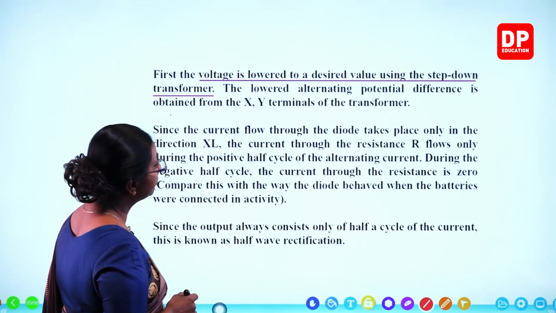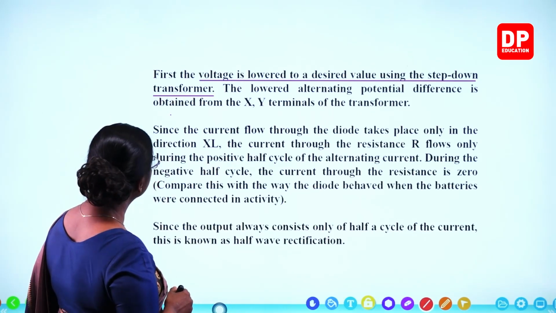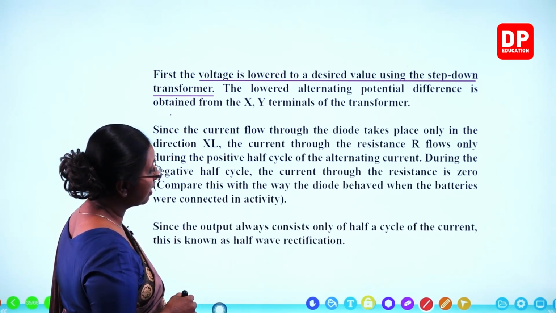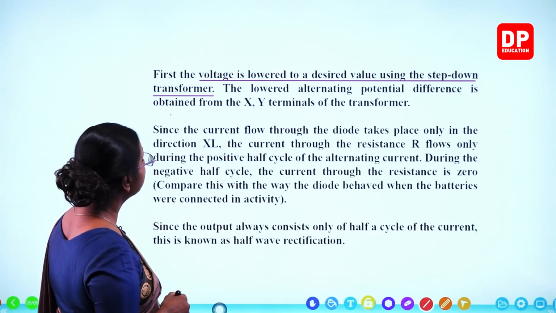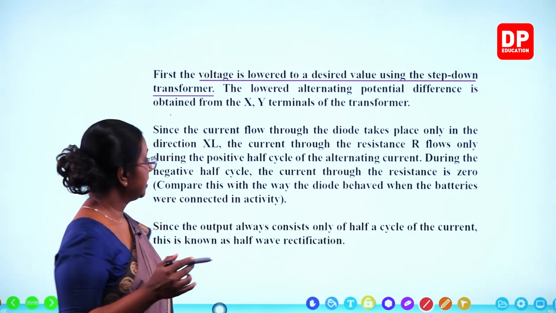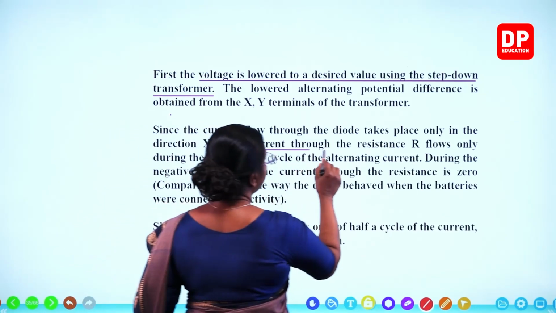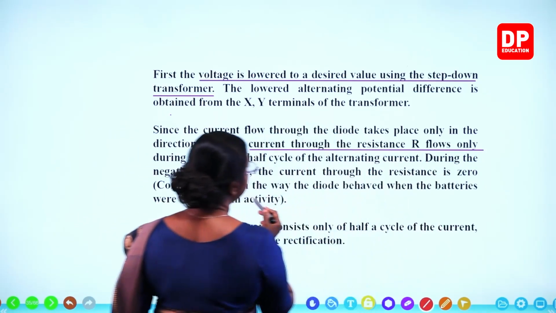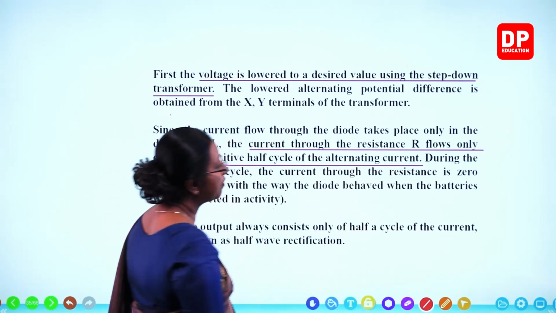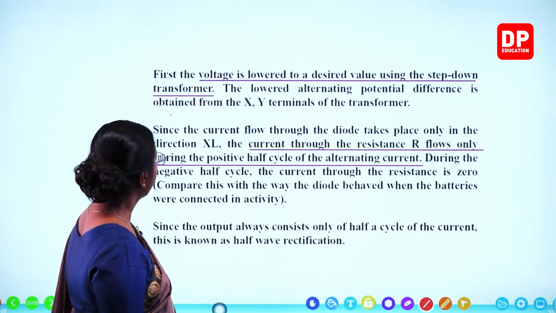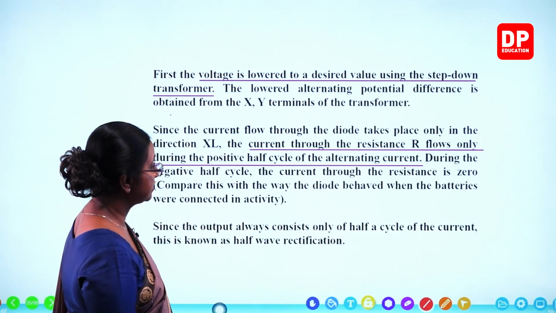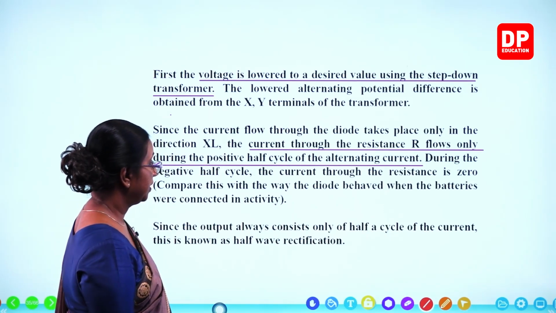Since the current flow through the diode takes place only in the direction XL, the current through the resistance R flows only during the positive half cycle of the alternating current. That is what I explained to you. During the negative half cycle, the current through the resistance is 0.